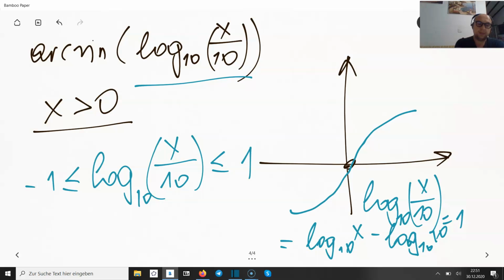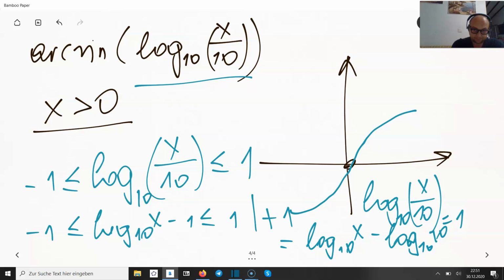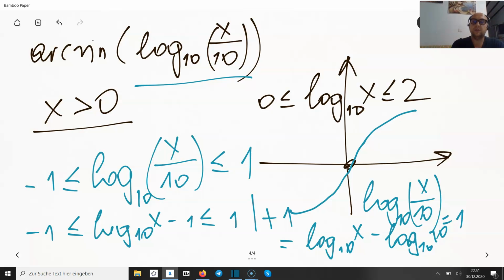So basically we have minus 1 less or equal than a logarithm of x to the base of 10 minus 1 less or equal than 1. Now we're adding 1, and we are getting 0 less or equal than logarithm of x to the base of 10 less or equal than 2.